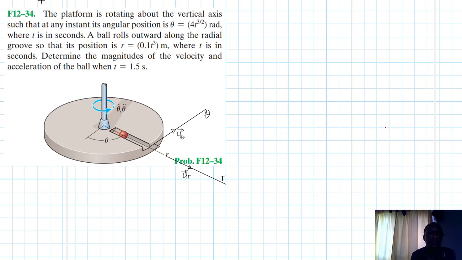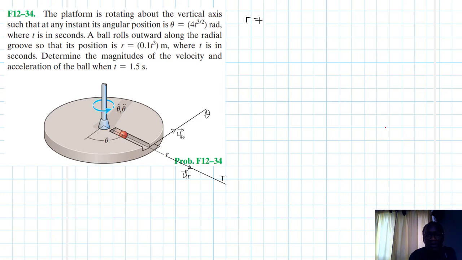All right, so let's write down now the equations. We are not doing any derivations. We know that both r and theta are changing with respect to time, so the ball is going to be at different positions along the r as well as along the theta direction.